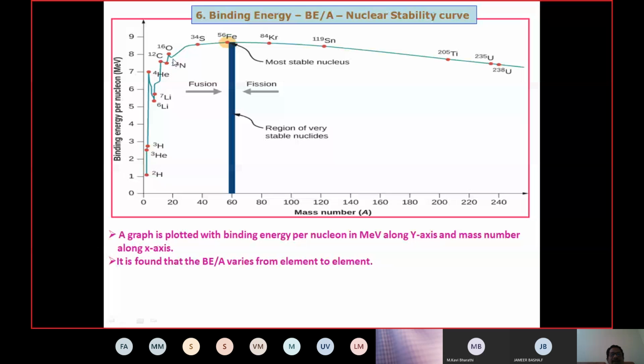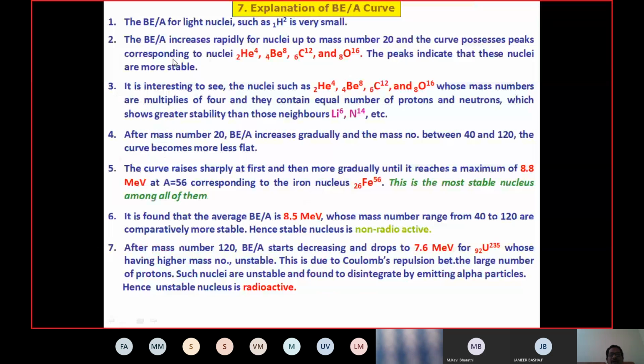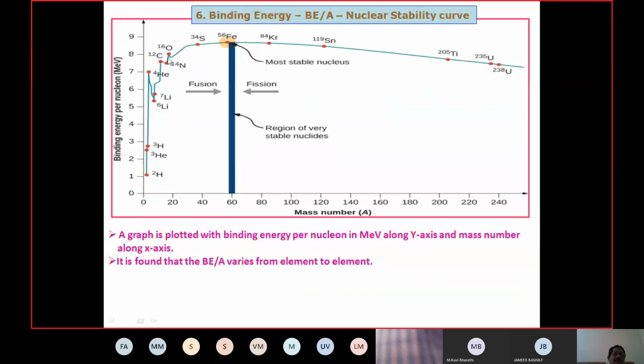It is also interesting to see that nuclei such as helium, beryllium, carbon, and oxygen have mass numbers that are multiples of 4, which means they contain an equal number of protons and neutrons. See, this is helium, this is carbon, and this is oxygen.